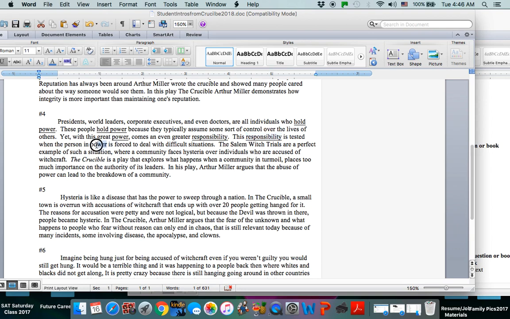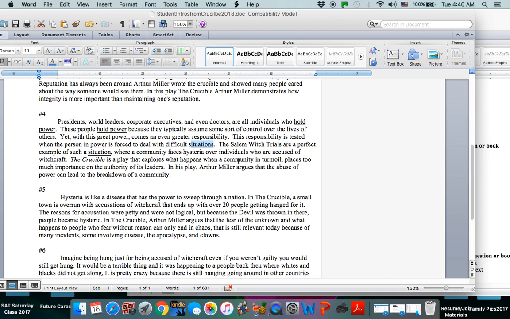And look, there's power again. Then you've got the Salem witch trials are a perfect example of a situation, where a community faces hysteria over individuals who are accused of witchcraft.